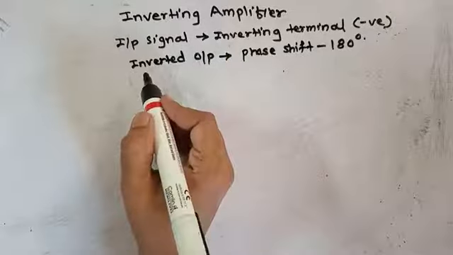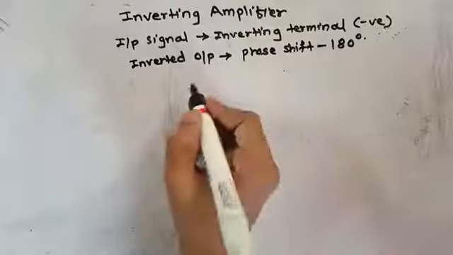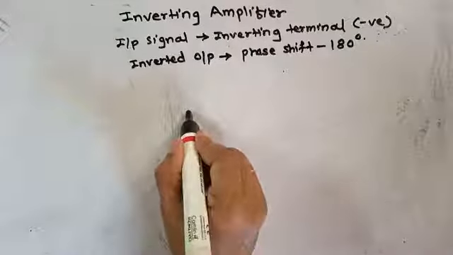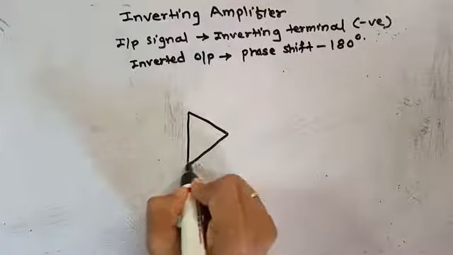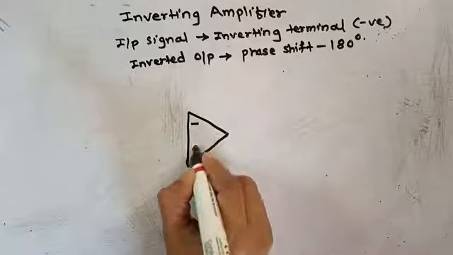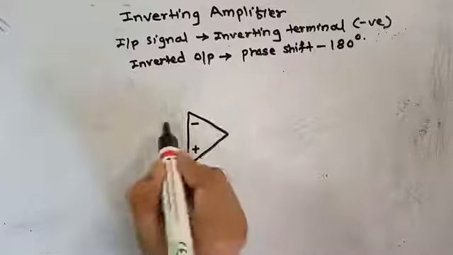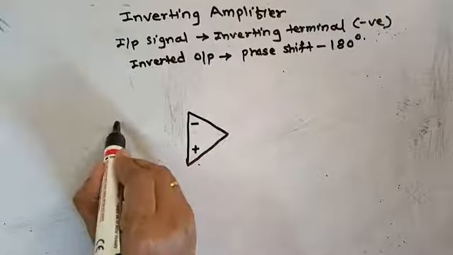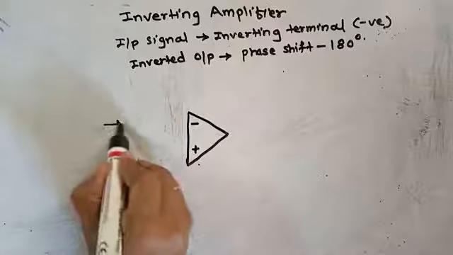Firstly we will see the diagram. For the inverting amplifier, firstly you can draw the symbol of the op-amp. It is a two input terminal device, so I can draw the plus and minus. Minus is called the inverting terminal of the op-amp.